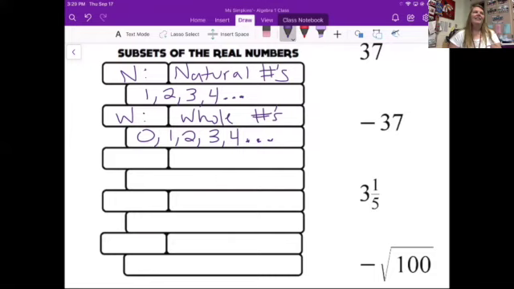What letter? Yeah, it's not I, unfortunately. It's Z. Last class or first period, they were like, well, why the heck is it Z, Miss Simpkins? So I looked it up. It's a German word. And let me remember how to say it.